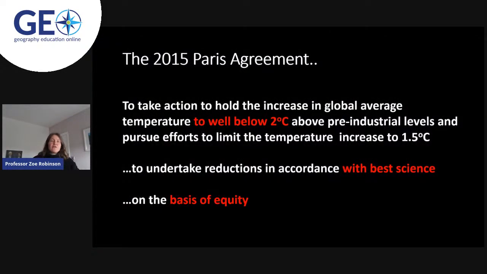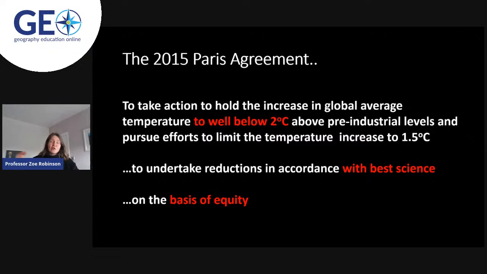And the 2015 Paris Agreement, this is an extract from the agreement which says it's about to take action to hold the increase in global average temperature to well below 2 degrees C above pre-industrial levels and pursue efforts to limit the temperature increase to 1.5 degrees C.